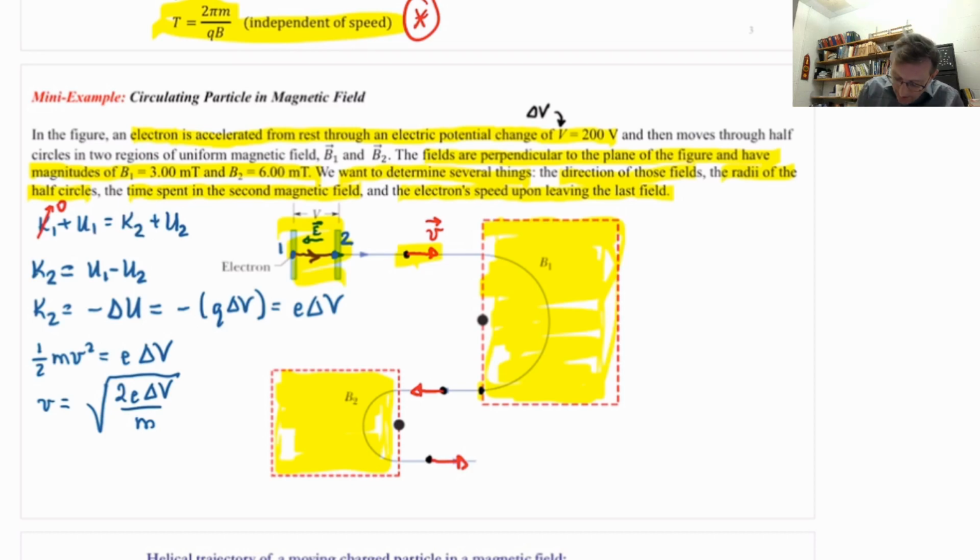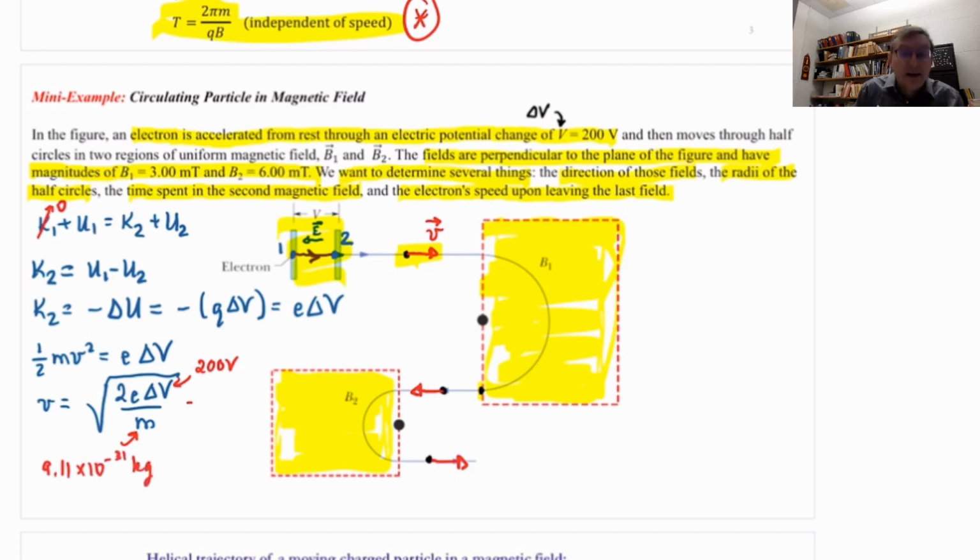By the way, we know all these numbers. The delta V is what they just call V there, 200 volts. Little e is the famous charge quantum, of course. And remember, we're talking about an electron, so the m is known, 9.11 times 10 to the minus 31 kilograms.